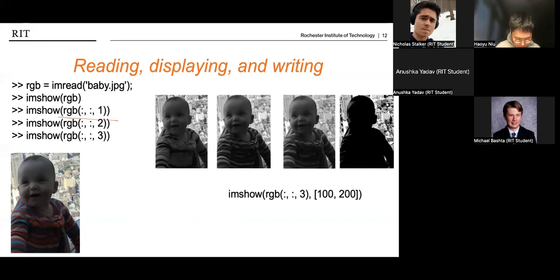You can think the first one is the rows, the second is the columns, and the third is the channel we want to choose. For example, the first channel is red, the second is green, the third one is blue, RGB. When you display just one channel, it will give us a grayscale image. That's what it shows here. That's the red, this is the green, this is blue.